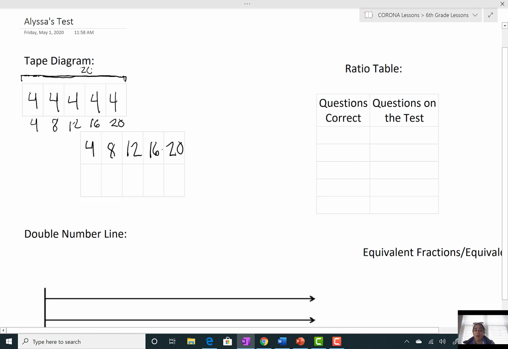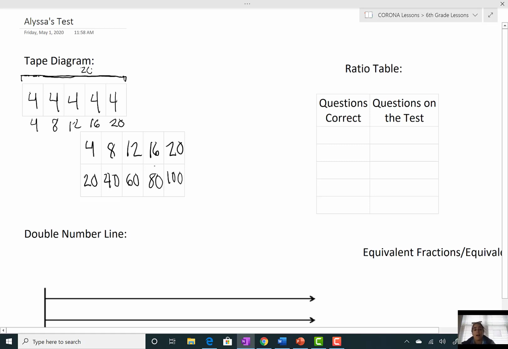We know 20 out of 20, the whole thing, would be 100%. So I'm going to put 100 here in this box. And think about it. If I'm taking 100 and dividing it by 5, what am I counting by? I'm counting by 20s. So I'm going 20, 40, 60, 80, 100.